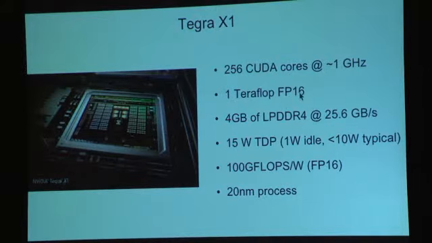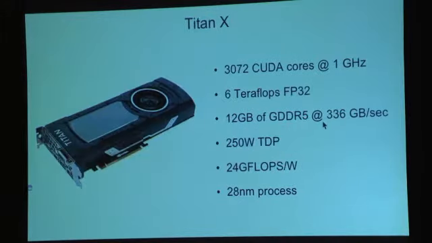It's a teraflop of FP16, and yes, that's not a typo, and I'll talk when I get to the limited reduced precision part about why that's exactly the right thing for deep learning. 4 gigabytes of LPDDR, that gives you 25 gigabytes per second of memory bandwidth. By the way, I should have gone back on Titan.